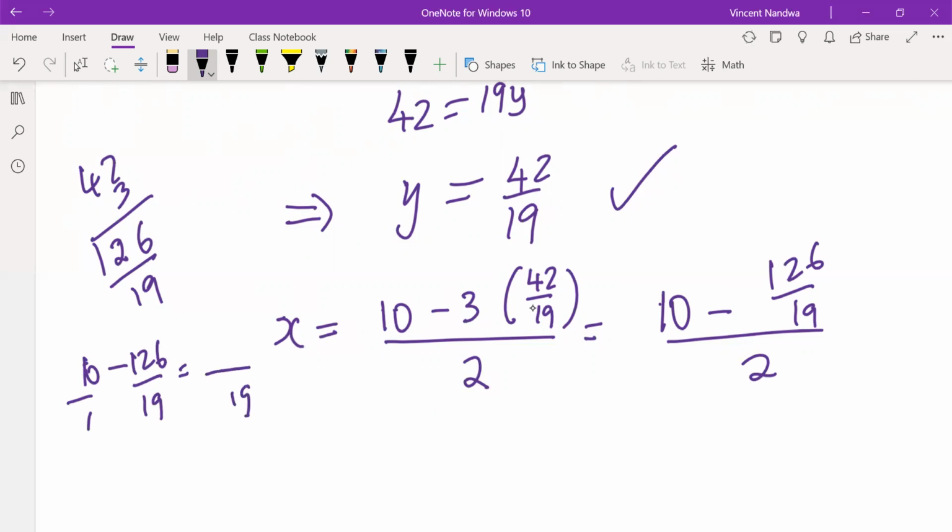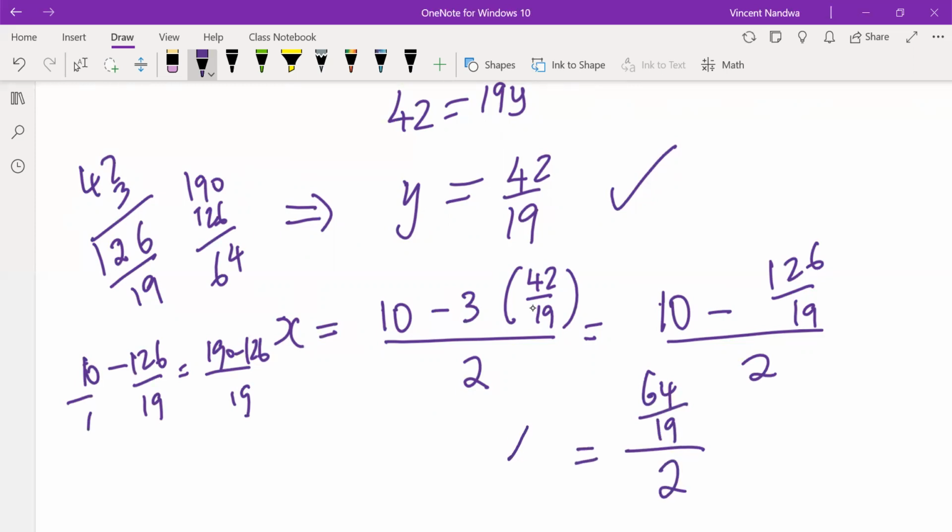The LCM is 19, so we have 190 minus 126, this is 64. So we'll have 64 over 19 divided by 2. This is what is giving us x.